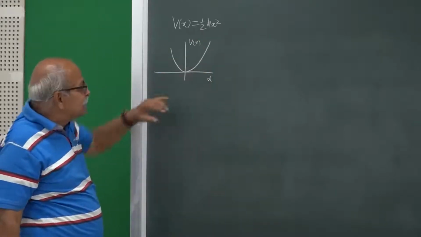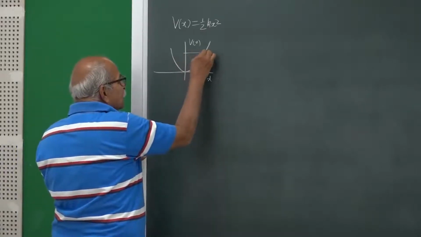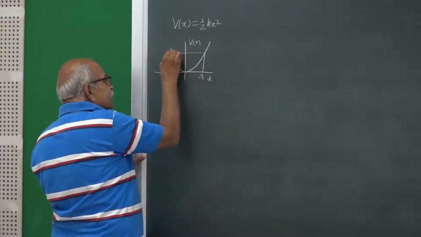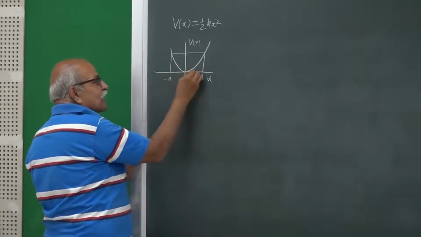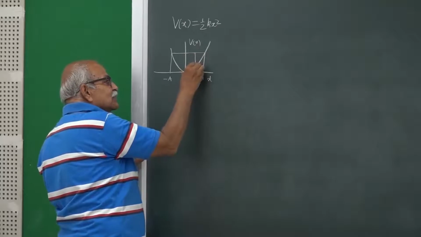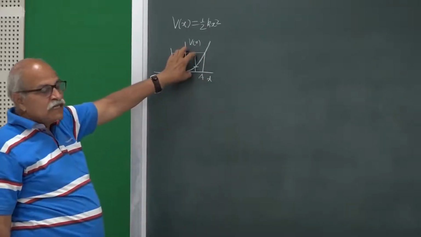If this is given and the total energy is known, then I know the turning points, the amplitudes, and as a function of x, how much is the potential energy and how much is the kinetic energy. Many things I can derive from these kinds of diagrams.